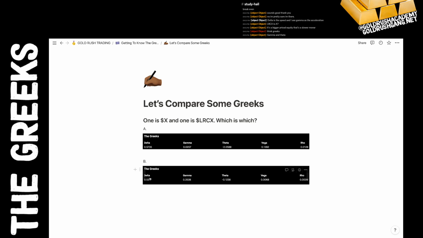Whereas with X, if X makes a $1 move overnight, your theta's covered like crazy. It's 0.53 on the delta and 0.12 on the theta. How often does X make a $1 move overnight, right? So the theta tells you that this is something capable of making a big move, enough for your delta to cover your theta.